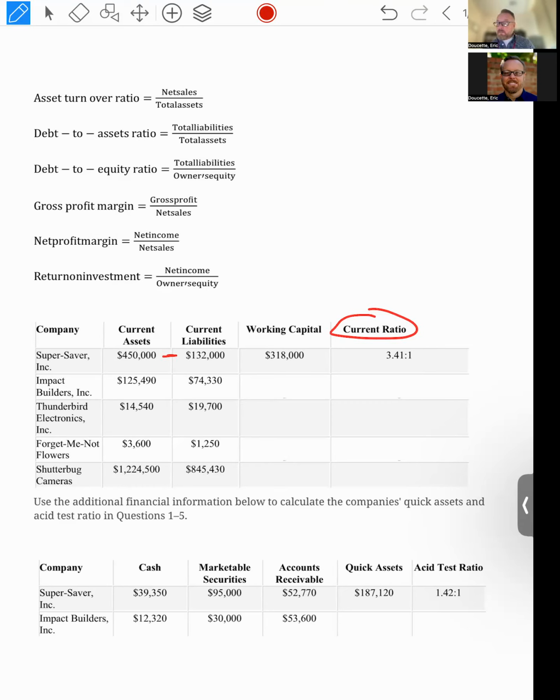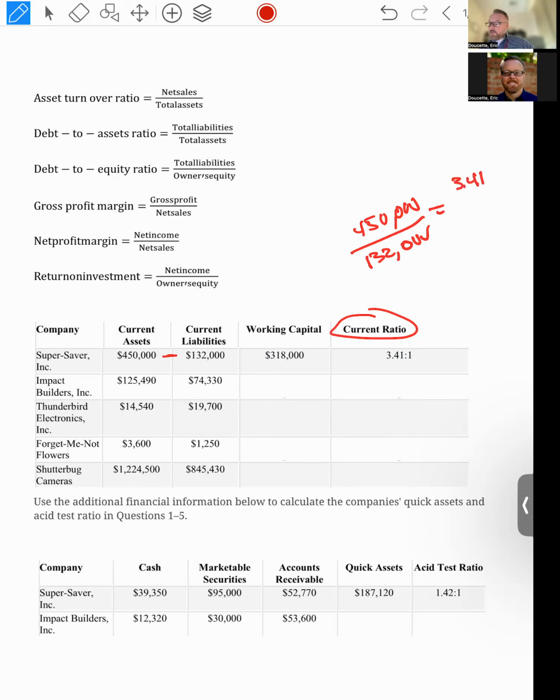That's going to come out to 318,000 that they have left after they pay all their liabilities off. And then it's going to take the current assets divided by the current liabilities. So if you divide those two together, 450,000 divided by 132,000, the answer comes out to 3.41.